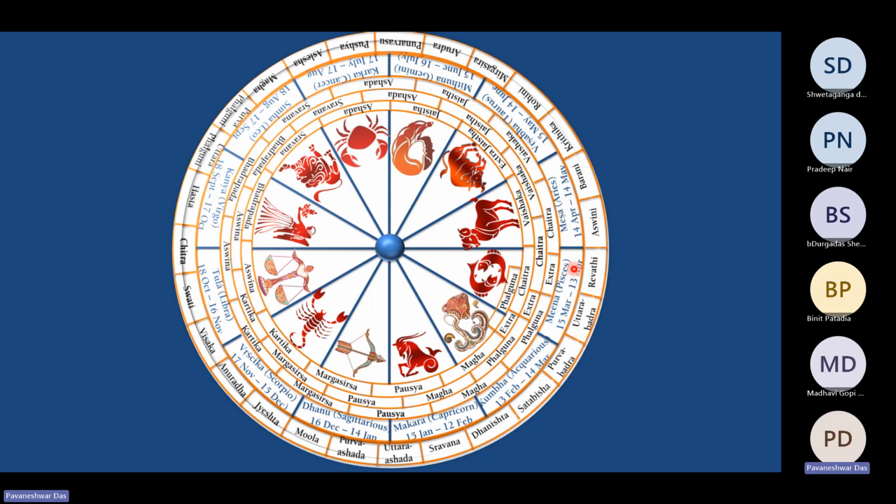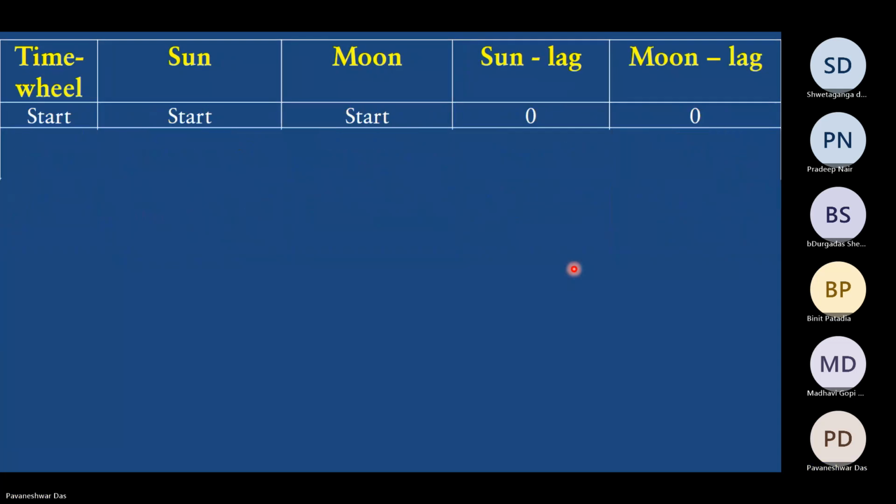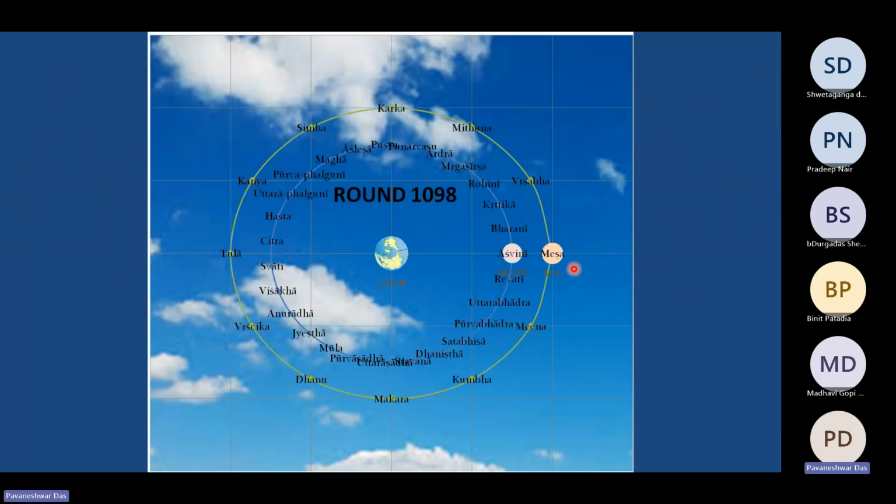Every day they keep moving. In the daily motion, Rashis and Nakshatras also keep moving, and along with them they are taking the planets also. They don't exchange places among themselves, it is always in that order. But in a day, they keep moving. Just now we showed the animation, no?